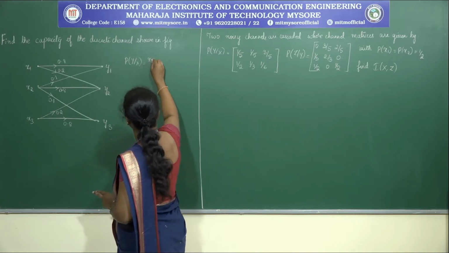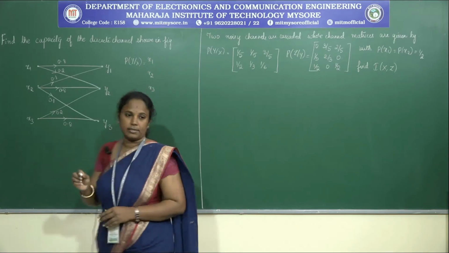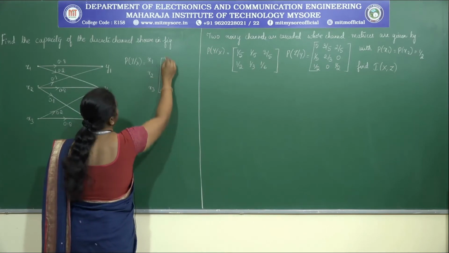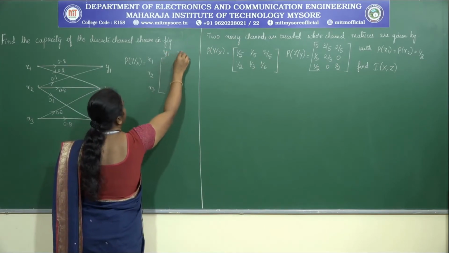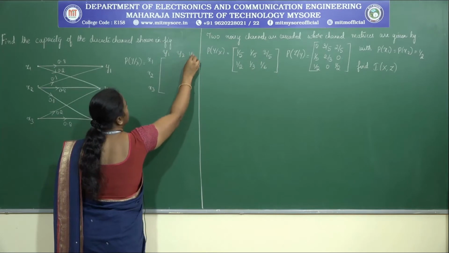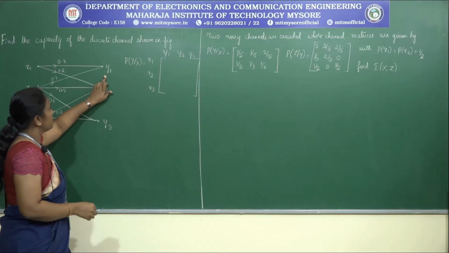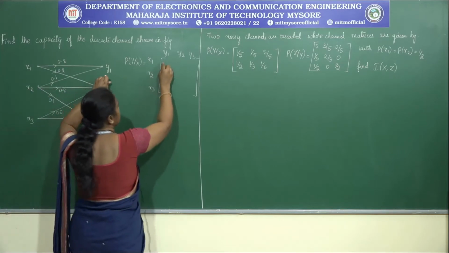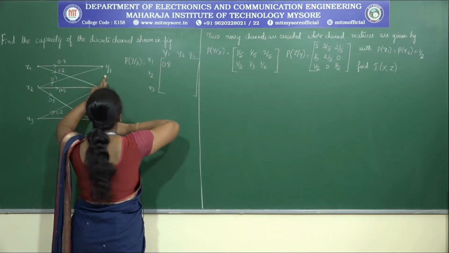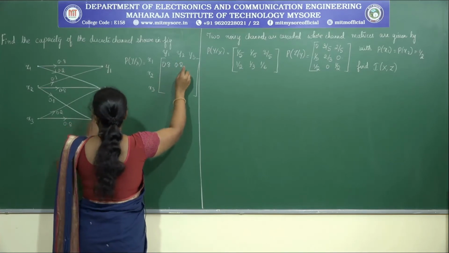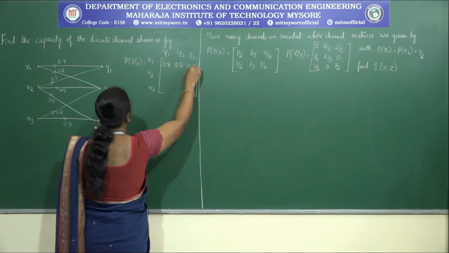Where we have three inputs x1, x2 and x3, and corresponding to that we have three outputs, that is y1, y2 as well as y3. So what is P of y1 by x1? It is 0.8. Then y2 by x1 is 0.2. Then we have 0.1.